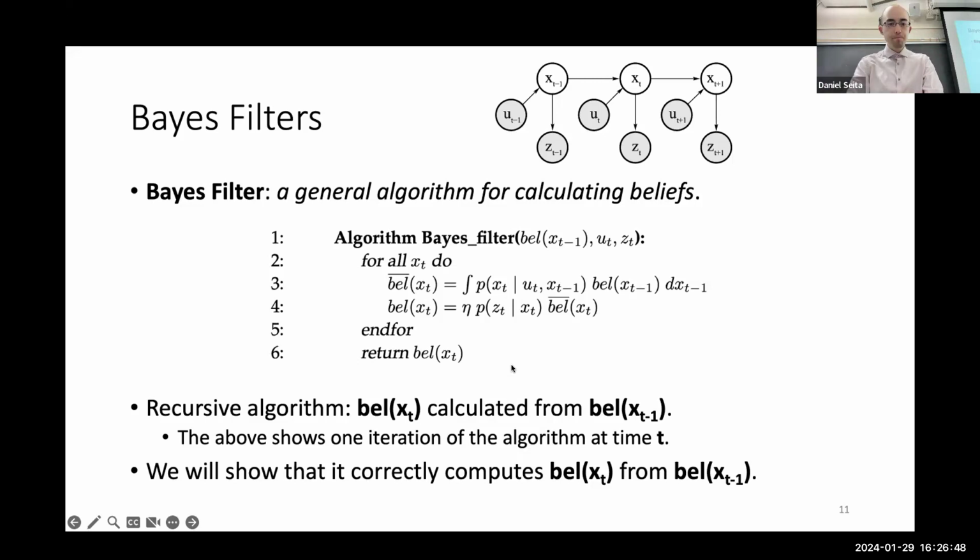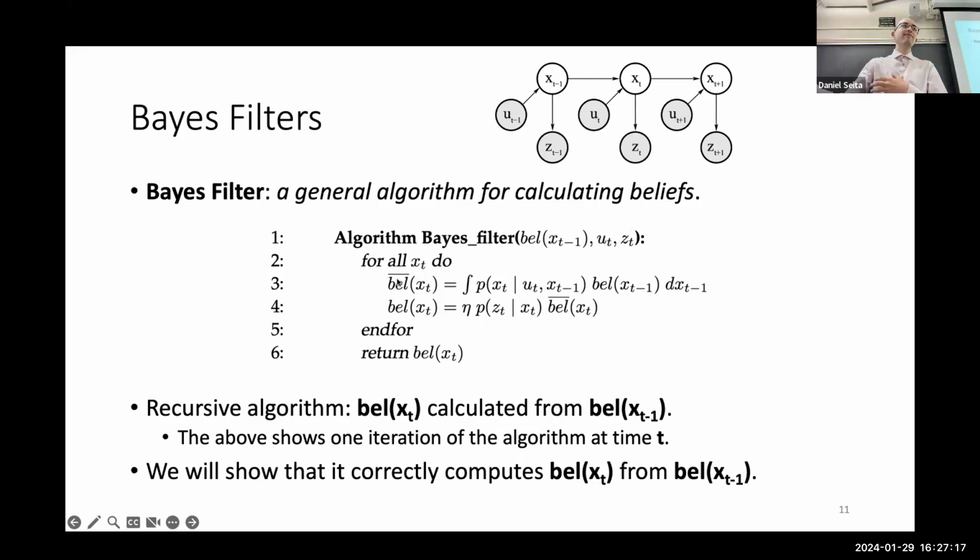And then again, it takes in the belief at the prior time step, what the robot did, the sensor reading. And for every single state, this should already be giving you alarm bells, but let's just assume that we can do this. So for all your states xt, you do this computation.